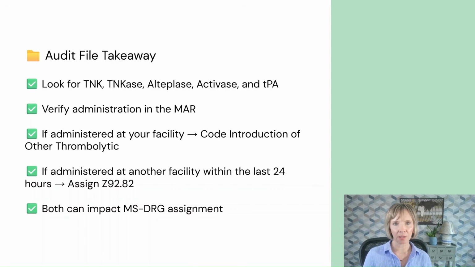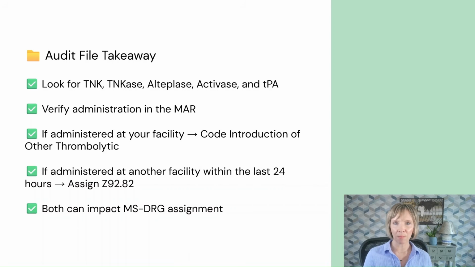If the medication administration was started at another facility and then they were transferred to your facility, do not code the administration at the receiving hospital. Instead, assign Z92.82, status post administration of tPA in a different facility within the last 24 hours prior to admission.